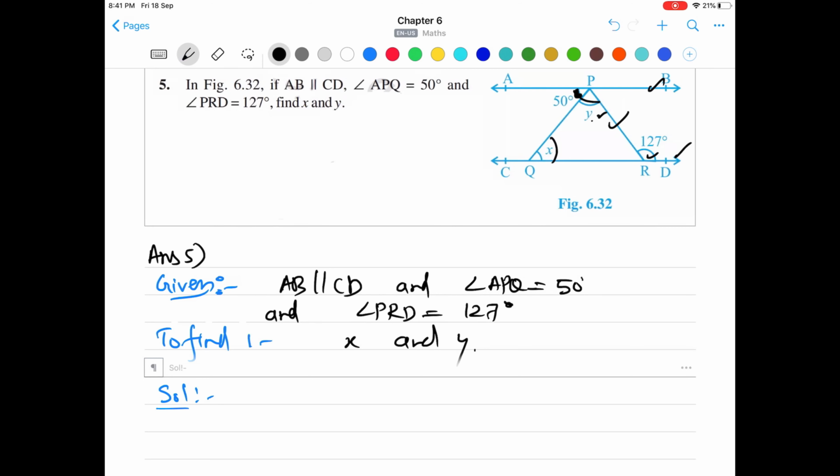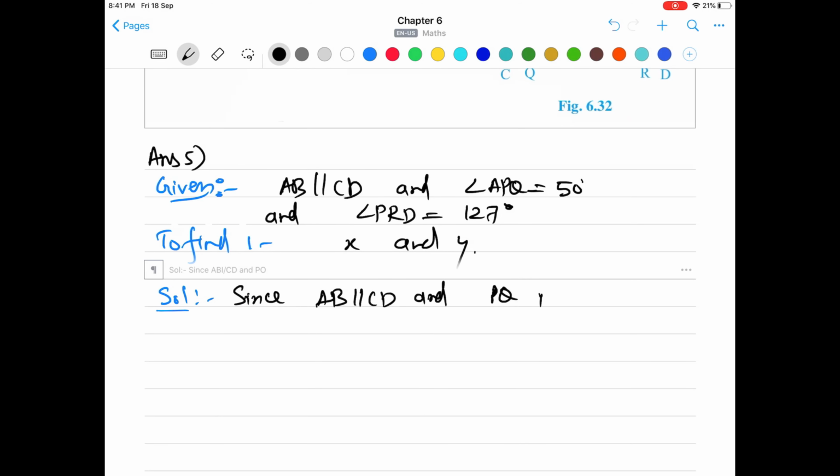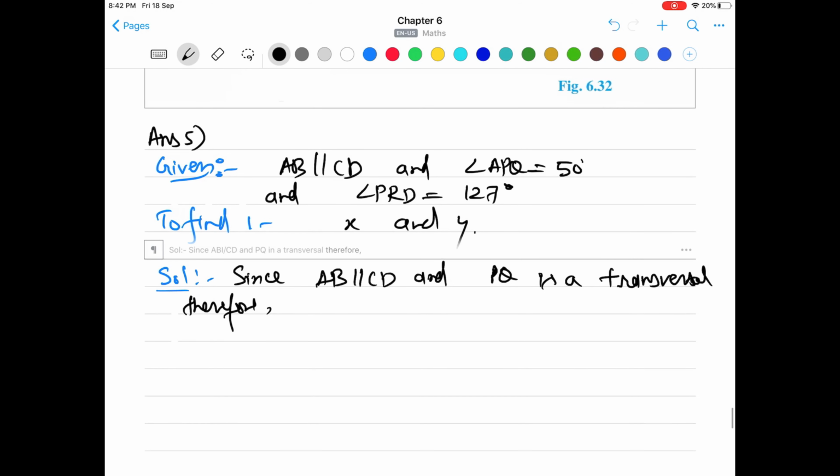Solution for this one will start with, since AB is parallel to CD and PQ, this one PQ, is a transversal, therefore angle PQR will be equal to angle APQ, because they are alternate interior angles, and this is by theorem 6.2, which says if lines are parallel, then the alternate interior angles of a transversal are equal.